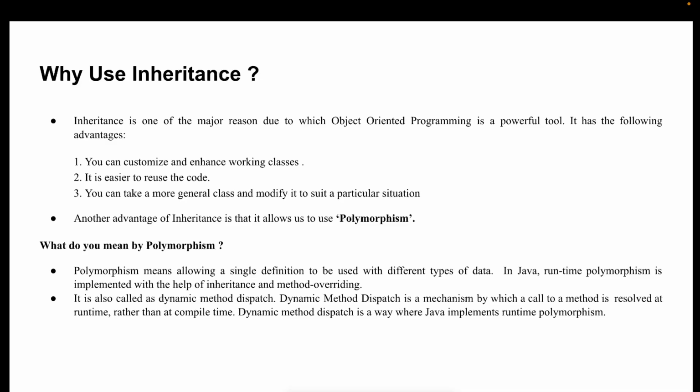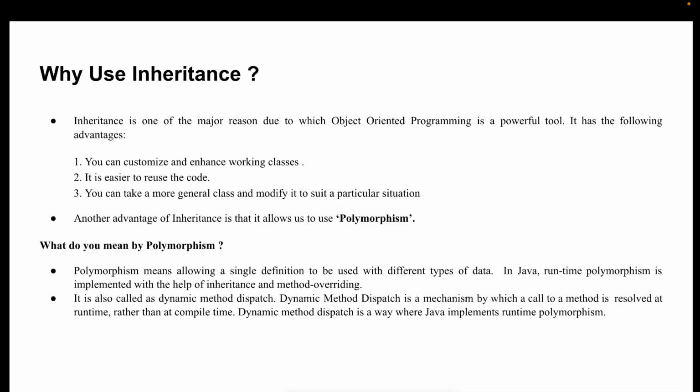Then there is another object oriented principle called polymorphism. Polymorphism basically means one name but many forms. What I mean by that is you can have the same method name and override it, so you can have many different forms of that particular method.